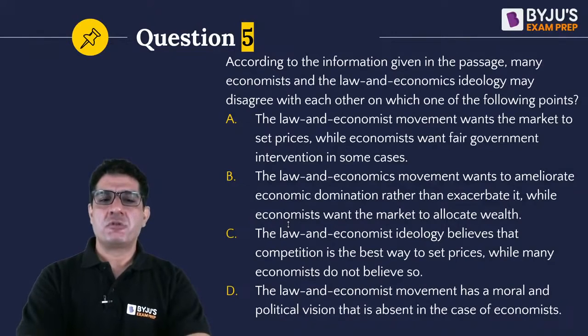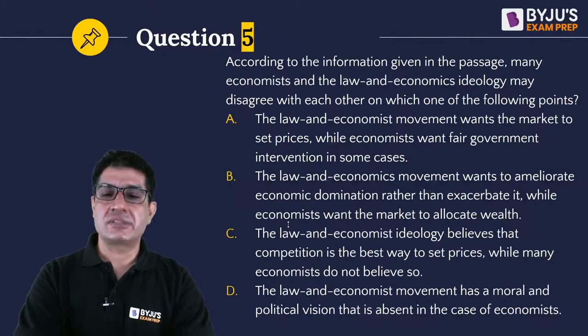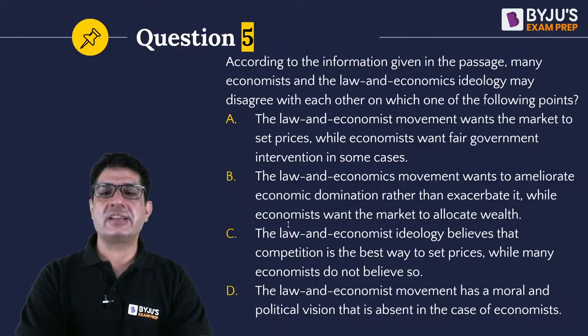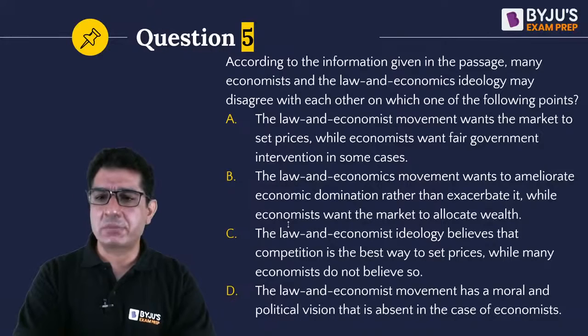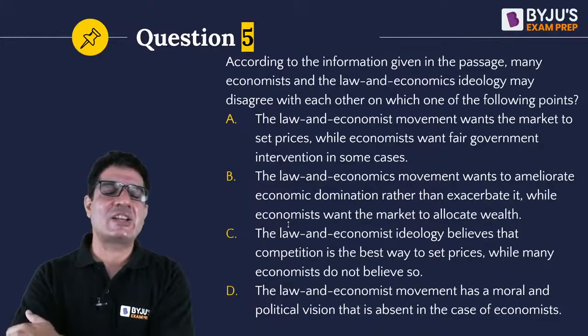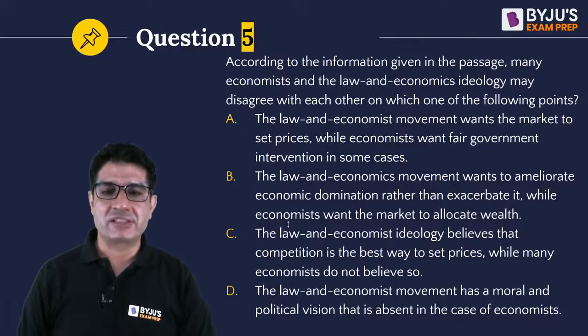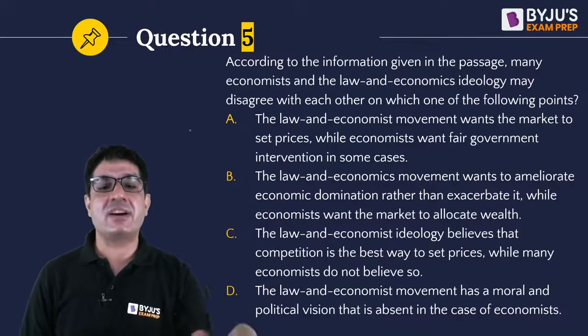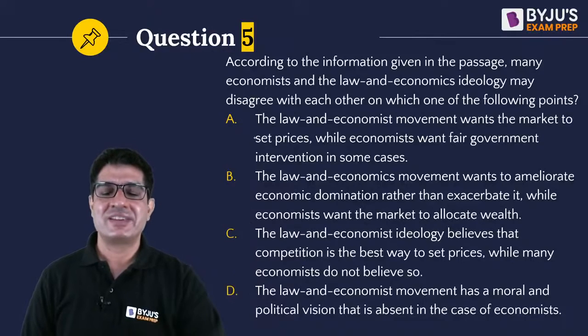It says, following neoclassical economic theory, law and economics suggested that society's resources are best allocated by permitting competition to set prices. And then the last sentence of the paragraph is, few other social scientists believe this, and a growing number of economists do not believe it either.